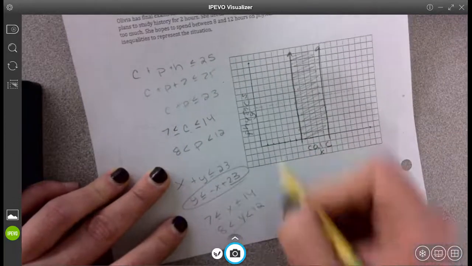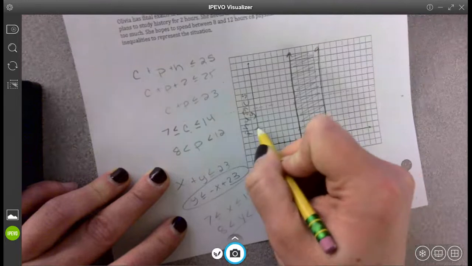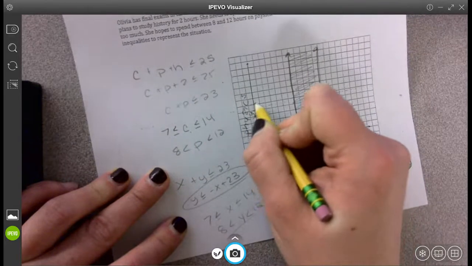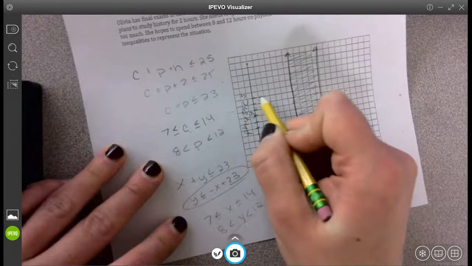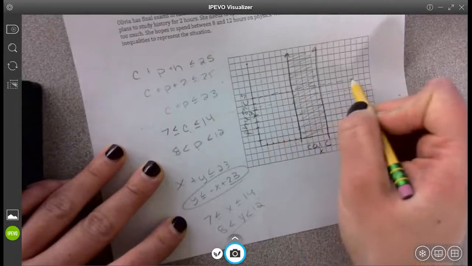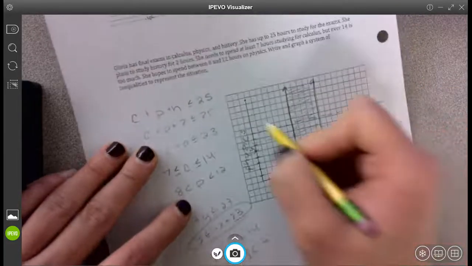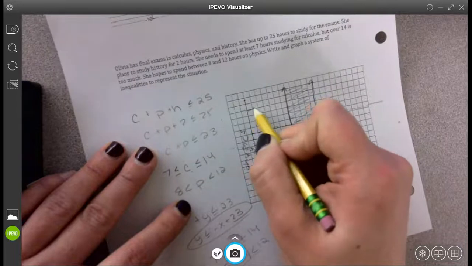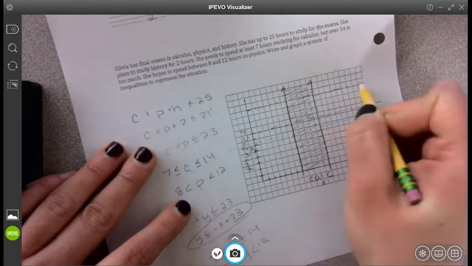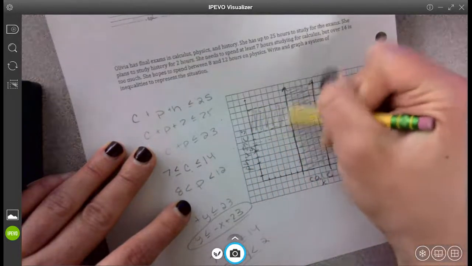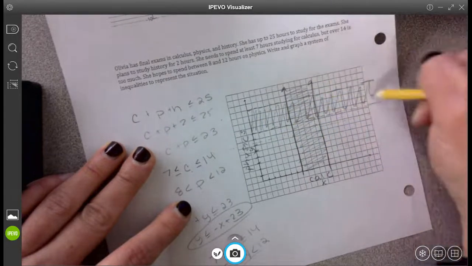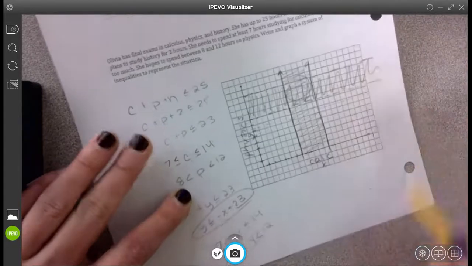You're going to go to 8: 1, 2, 3, 4, 5, 6, 7, 8, with dots along the line. And 12: 9, 10, 11, 12, with dots again. You can't be right on it. So right here is where it will meet all your qualifications.